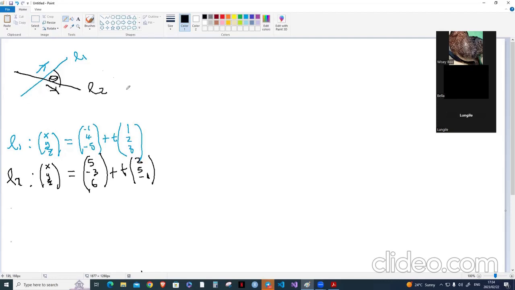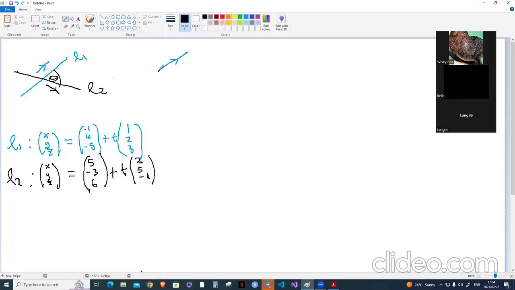Just make sure that when you're finding an angle, these vectors must point in the same direction, either both away or both towards. You can move vectors around, so let's move this one. It's just a vector, you can move it up and down.